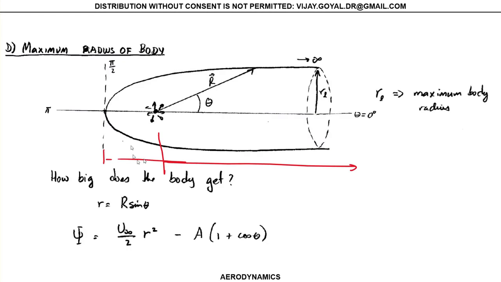Now we can also say that on the body surface, your psi is going to be 0. Remember, your psi is 0 everywhere here and on the body. Your stream, there's no velocity here at the body.